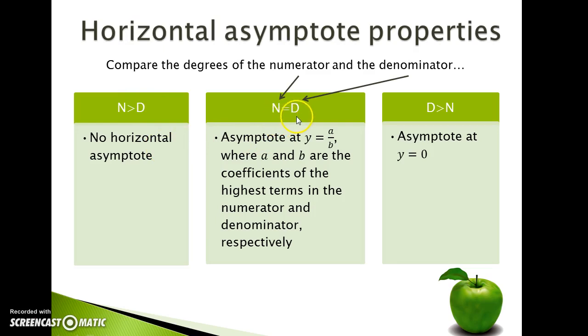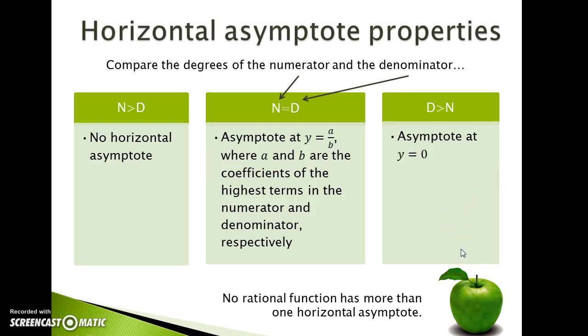If the numerator and the denominator have the same amount of degrees, there's an asymptote at y equals a over b, where a and b are the coefficients of the highest terms in the numerator and denominator. And if the denominator has more degrees than the numerator, there's an asymptote at y equals 0.